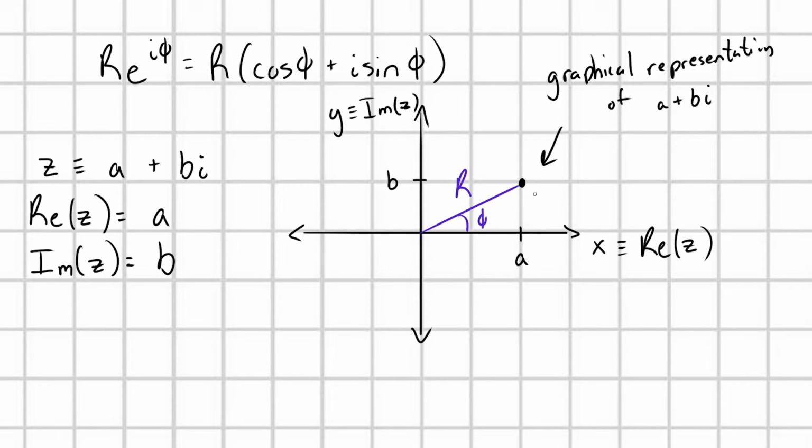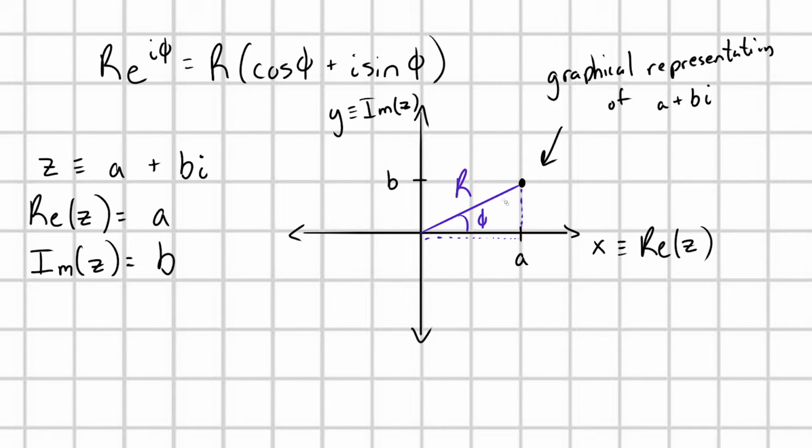Let's break down this triangle into its components. I'm going to draw this x direction component just under the x-axis so that we can see it, although we know that this component is actually on the x-axis. All right, great.